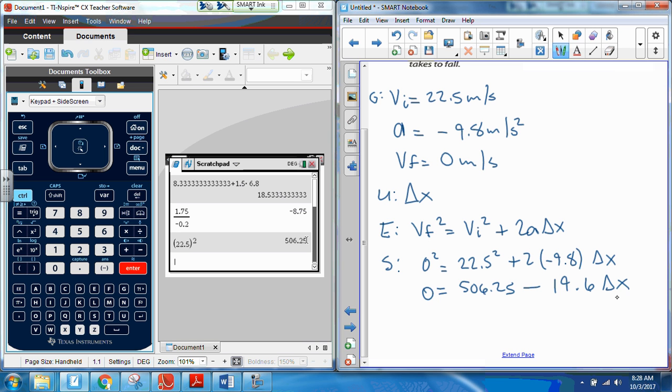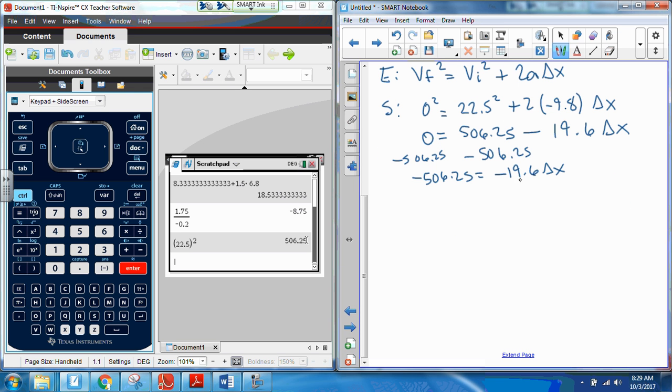All right, I need to get delta x on a side by itself. So what is the 506.25 doing to the delta x? It's adding. You see how there's a plus sign in front of the 506.25? I know it's hidden, right? But it's a positive, so to get it onto the other side, I have to subtract. So we subtract 506.25 from both sides. Okay, so now I have negative 506.25 equals negative 19.6 delta x.